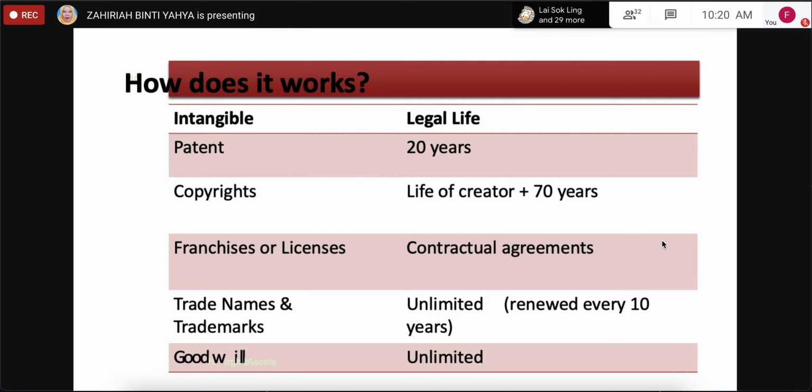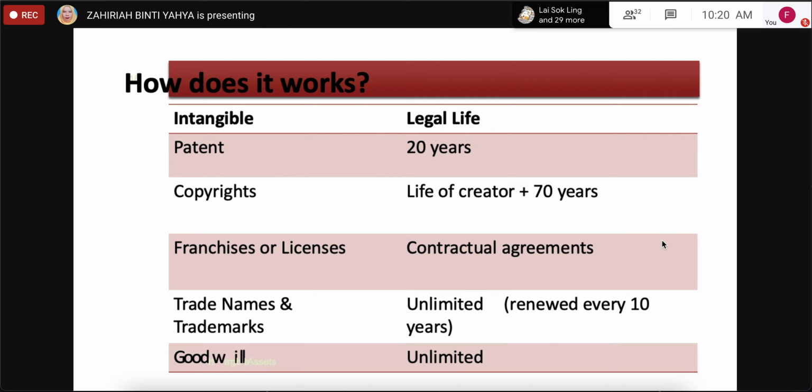So dia masih hidup, maknanya copyright tu masih dia punya. Tapi lepas dia meninggal, katalah dia meninggal tahun ni, so for another 70 years, dia punya waris boleh dapat royalty daripada copyright tu.